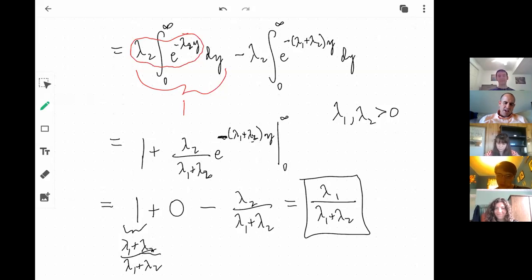So the probability that x is smaller than y. Remember, x was the exponential with parameter lambda 1, and y was the exponential with parameter lambda 2. We just determined that this is the probability that x is smaller than y.